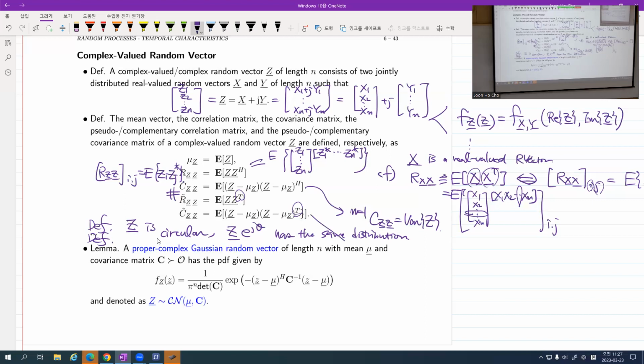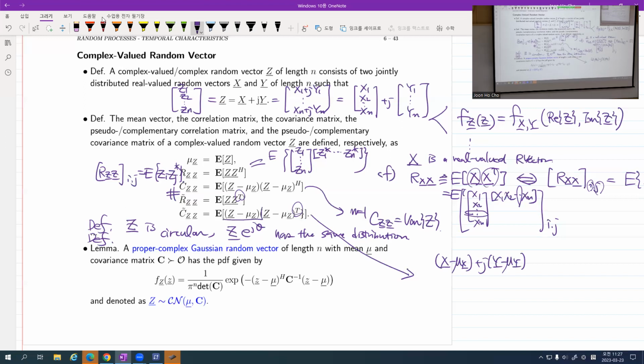So let's expand this, okay? Because it's confusing. We have to subtract the mean. So we have x minus mu x plus j times y minus mu y.